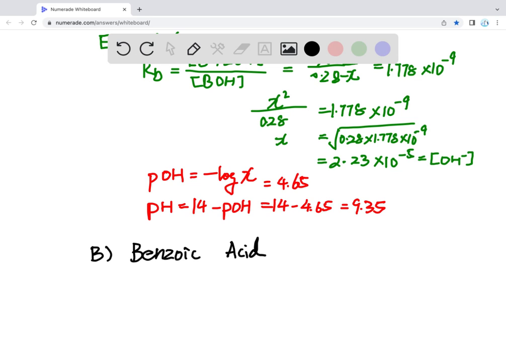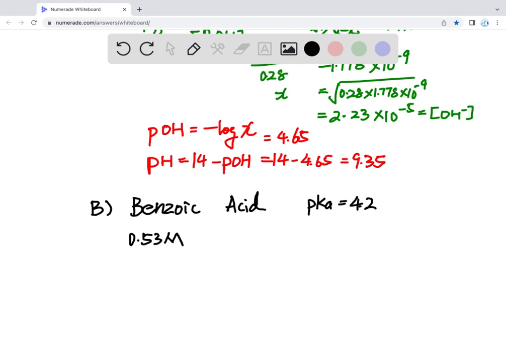So the benzoic acid, you know the pKa here is about 4.2. And you also know that in a 0.53 moles of the solution, what is the percentage of the molecules that is ionized?